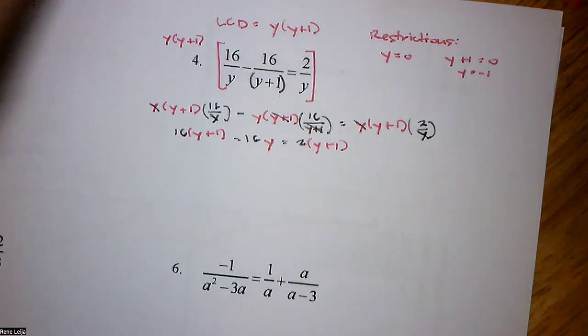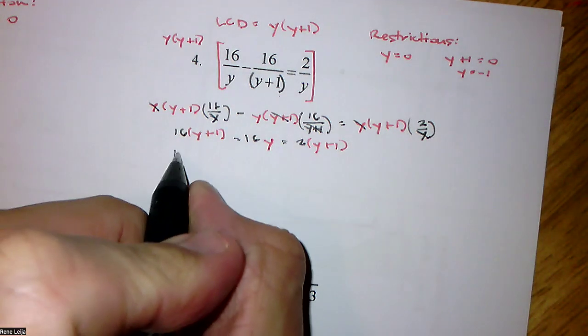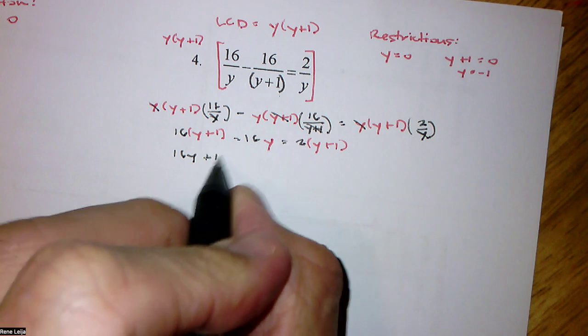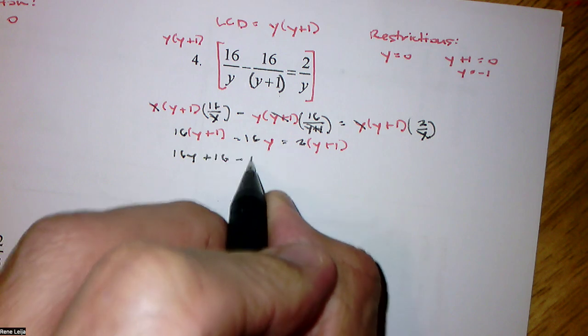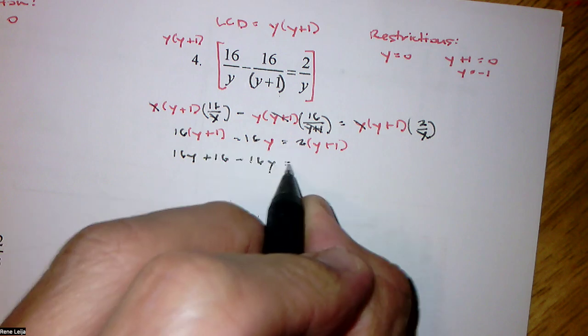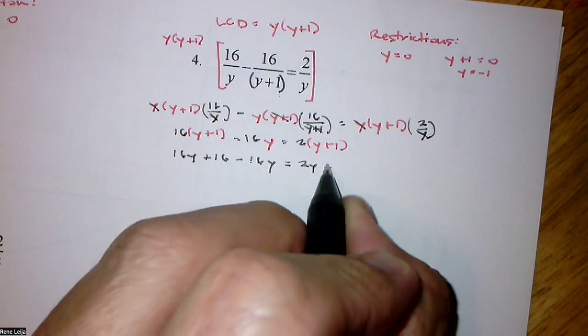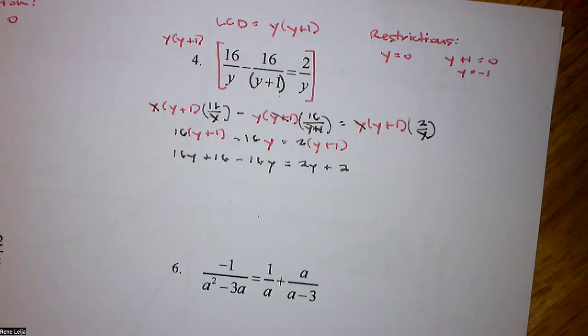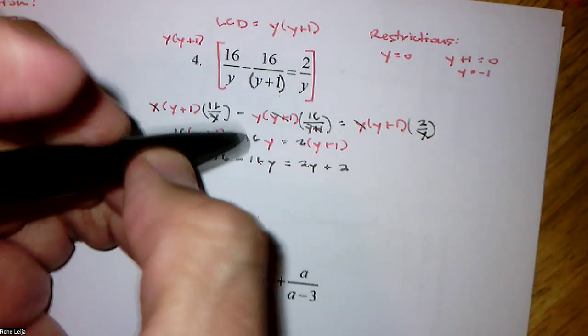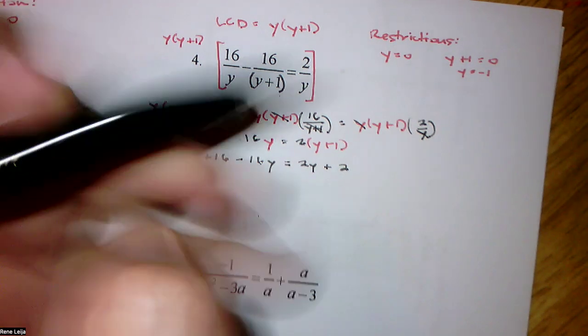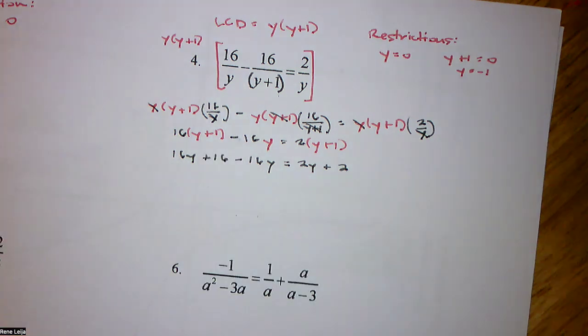So we get 16y plus 16 minus 16y equals 2y plus 2. This looks like an equal sign, so let me fix it. Okay. All right, so now we're going to clean this up.